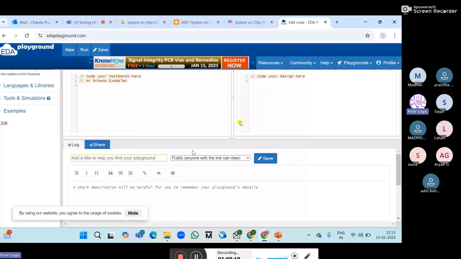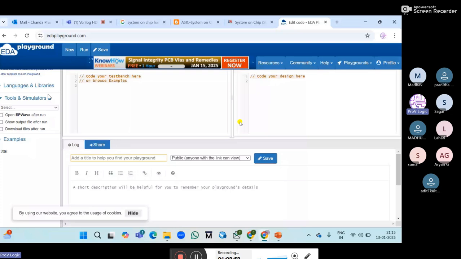Because it doesn't take a lot of time. In normal tools, we need to follow several steps to do the synthesis or simulation. We need to run multiple files. So EDA Playground is the best in my case. You need to prefer the tools only. For explanation, it is good for me, so that's why I use EDA only. But while you are practicing, better you use the tools only for SystemVerilog and UVM also. If you don't have a tool, you can use EDA here.